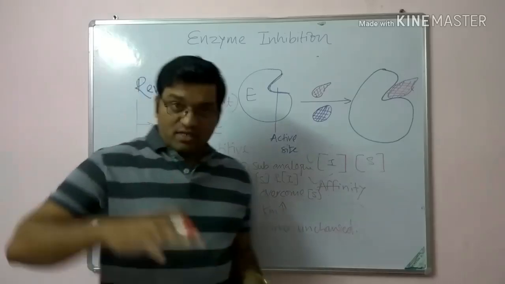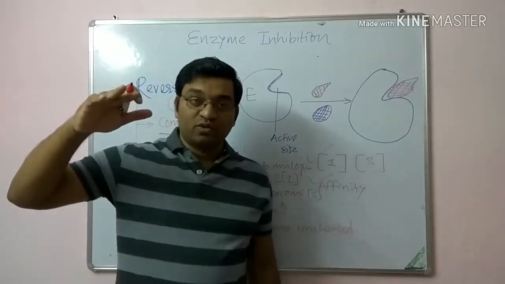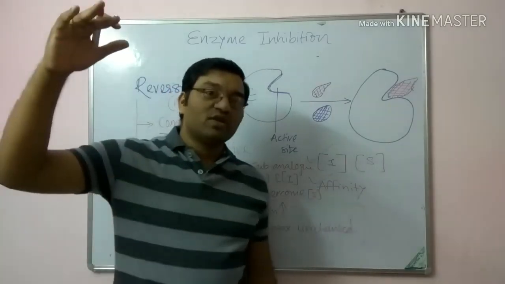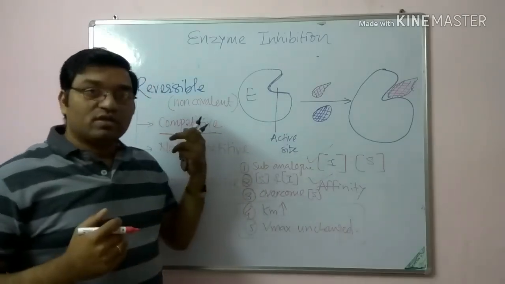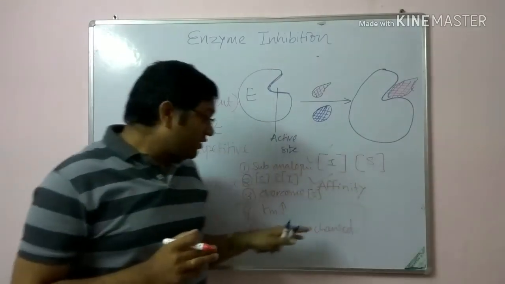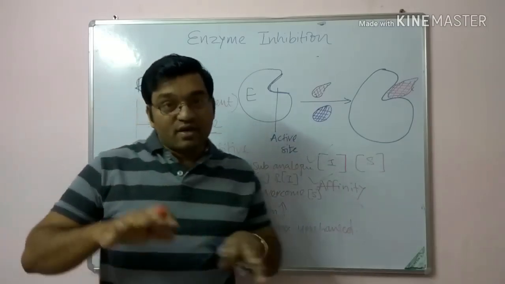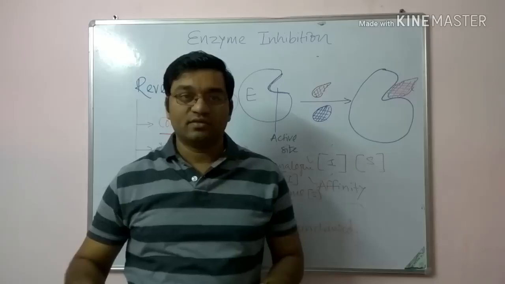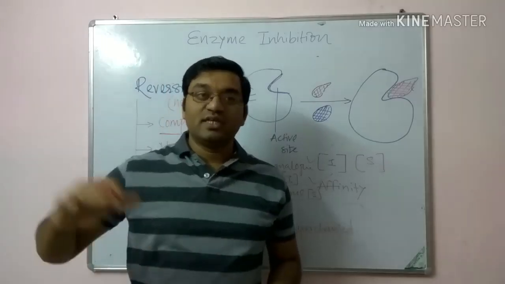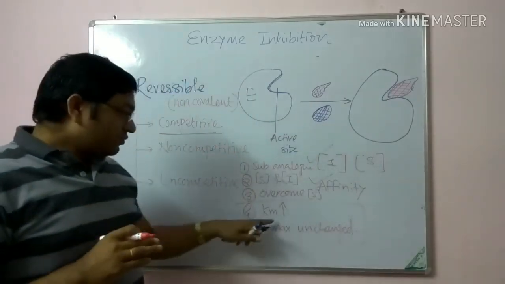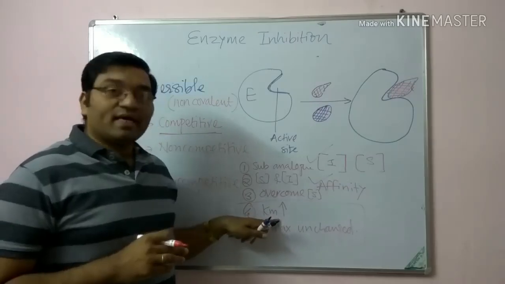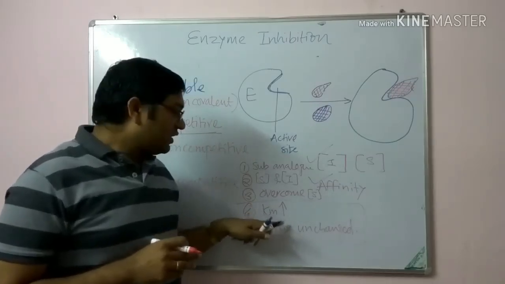Vmax is the maximum velocity. You cannot go above the maximum velocity. So in any type of inhibition, Vmax either remains unchanged or gets lowered. There is nothing like an increase in Vmax. And Km value is the Michaelis-Menten constant or Briggs and Haldane's constant.